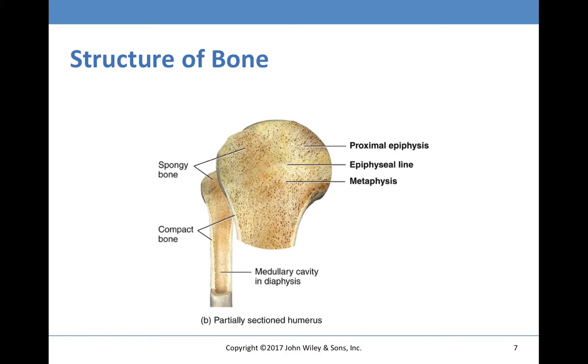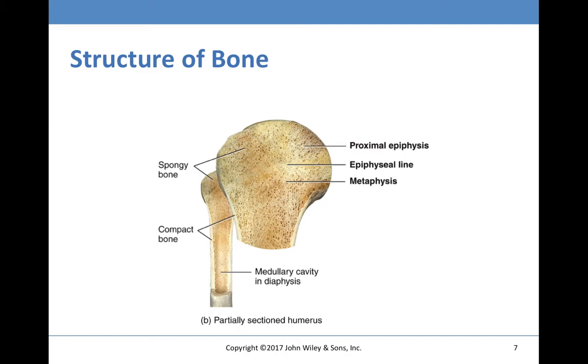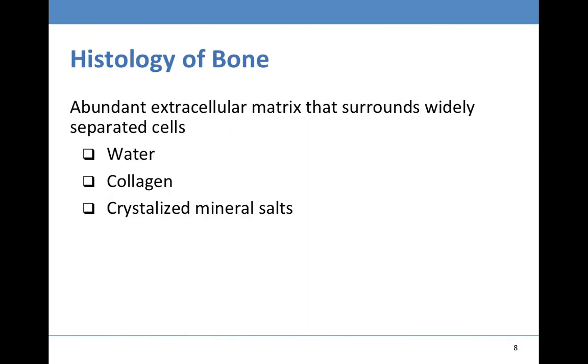Our bone, when we then look at it as far as histology of bone goes, these slides are actually a little different in order, so we'll come back to those.